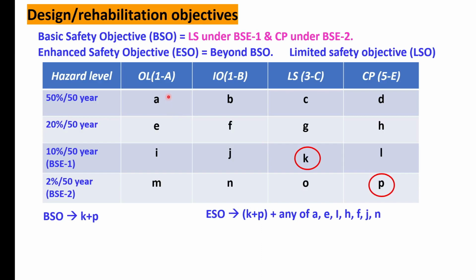Now I have taken also A. A is the highest cell here, highest performance level of the structure. However, the earthquake is not very large here. Earthquake is of small level. So for the small level earthquake, I am satisfying operational level of the building. So I have enhanced it from the basic safety objective. That's why this is the ESO, enhanced safety objective, satisfied. Similarly, you can take other cells E, I, H, F, J, and N.